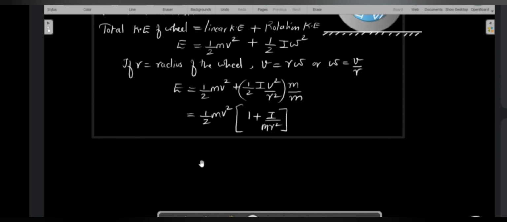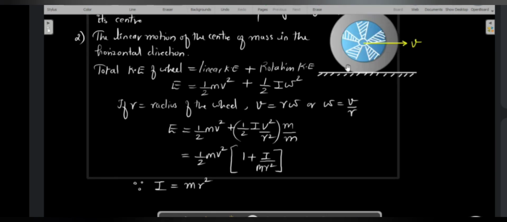Okay. So now over here we know that I is equal to mr square. But rather, since r we have taken as the radius of the wheel over here, I won't take this as r, I will take the letter k, because the moment of inertia is mass of the body multiplied by radius of gyration square, right?